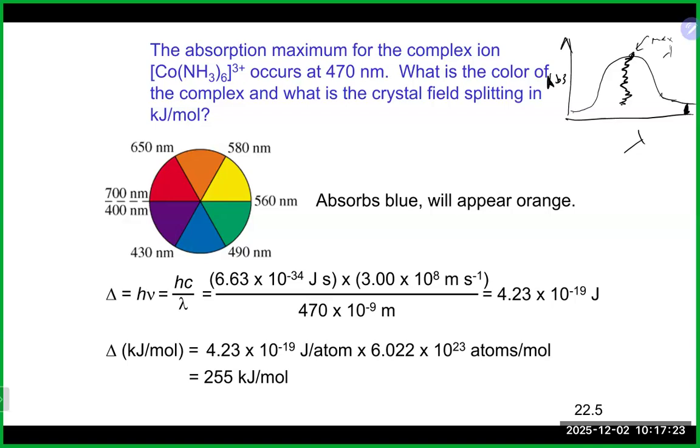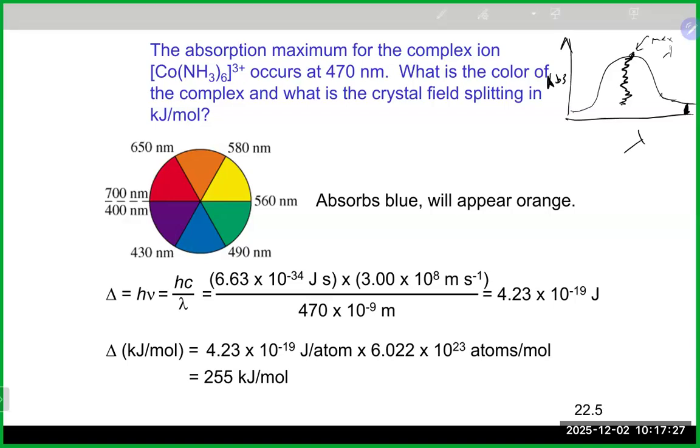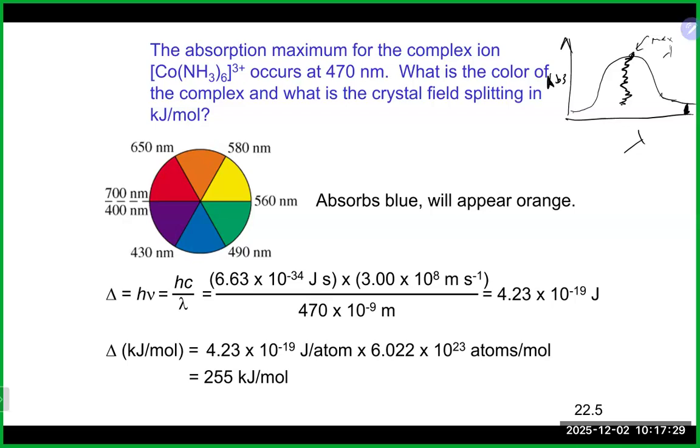One of the things that hopefully you also know is that the color that we actually see in the solution, so if our solution is red, the color of light that's being absorbed is complementary to that. So we would not set our wavelength to red. We would set it to a complementary color. So in this particular case, the absorption at 470 is in the blue.